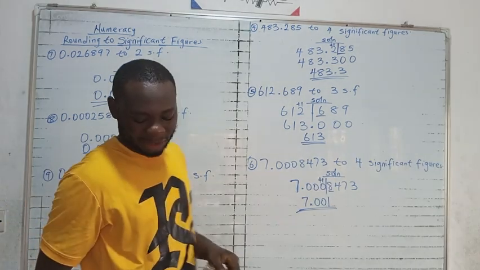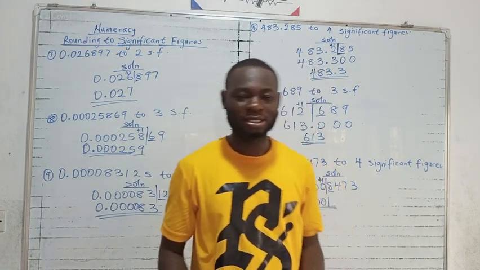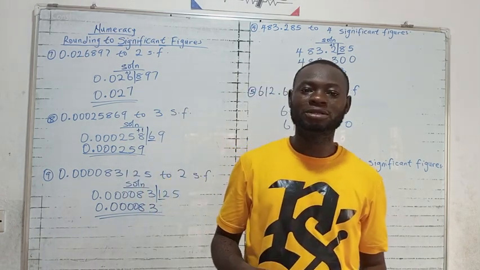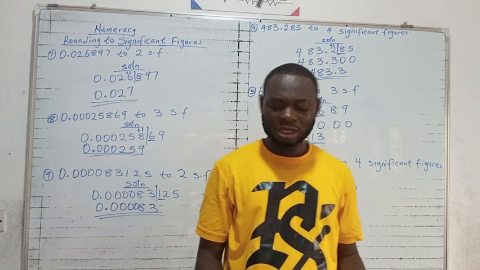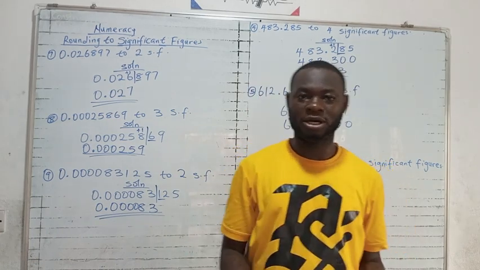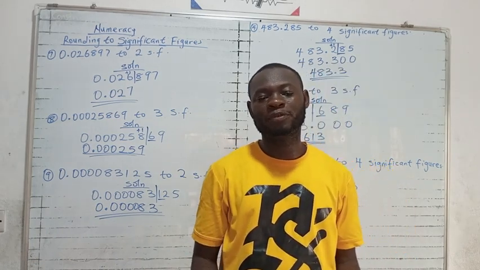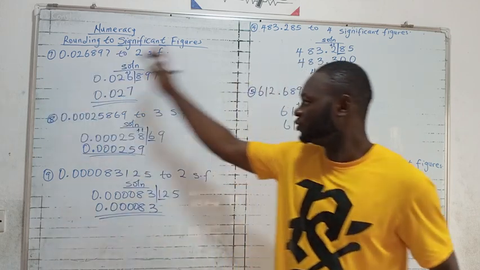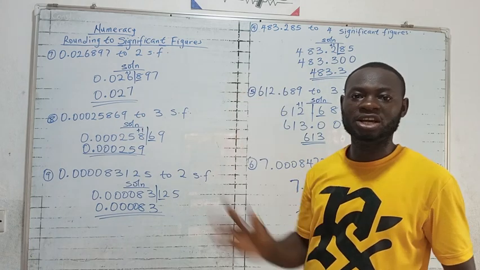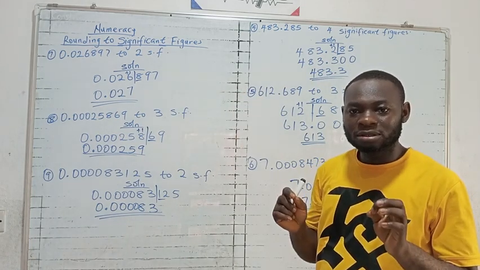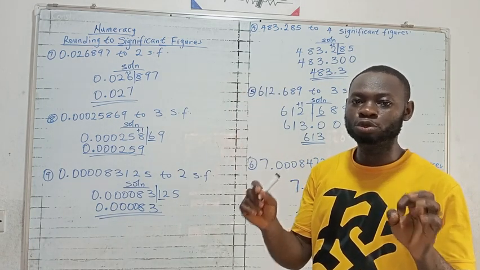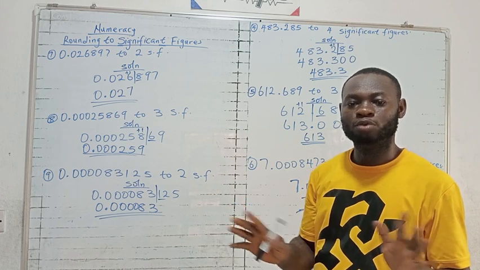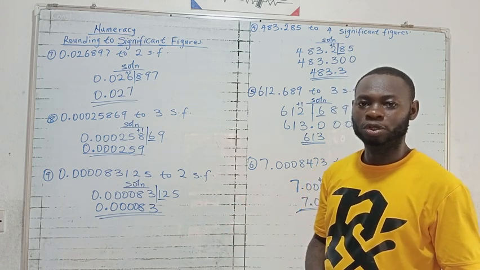So approximation and estimation of numbers, when we talk about rounding to significant figures, is as simple as the others. The main thing is for us to understand the pattern and the concept of doing so, which we've covered in every scenario that significant figures can use to pose a problem to us.